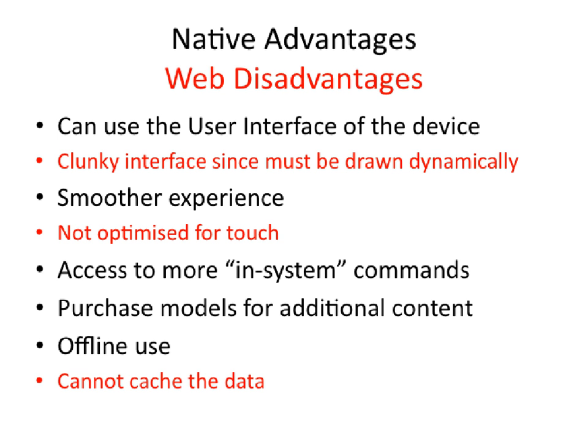Since the system used for native apps, that's the Google Android, the Apple iOS, the Windows 8, is optimized for touch use, native apps generally offer a smoother experience, while web apps, being slightly choppy, may respond unexpectedly to some touch gestures. Native apps have greater control over in-system commands, such as controlling rotation or downloading content from other apps.